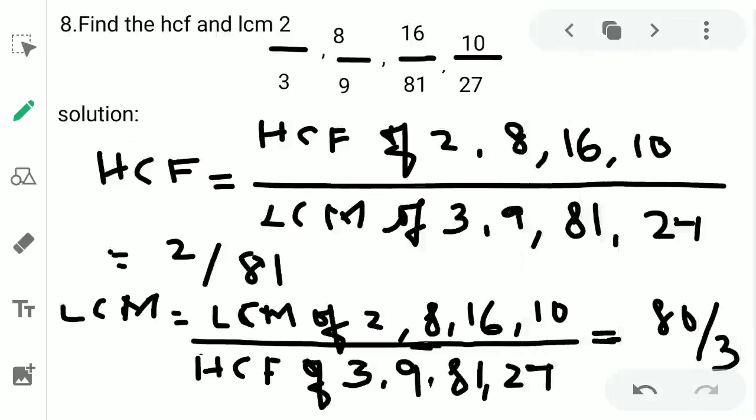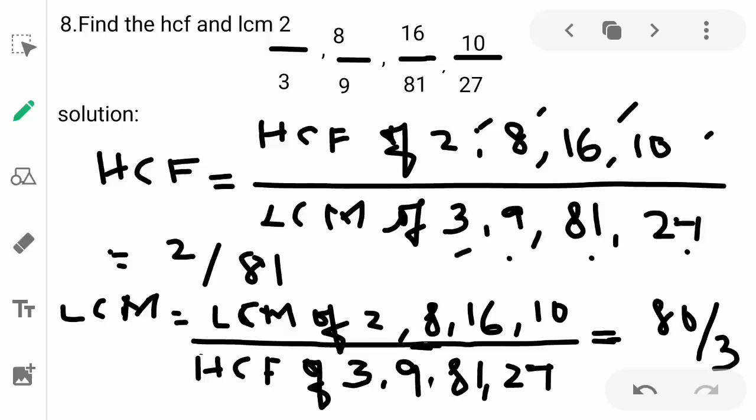Moving to 8th question. Find the HCF and LCM of 2 by 3, 8 by 9, 16 by 81, 10 by 27. HCF equal to, actually this is a fraction, HCF and LCM of fractions. You have to keep these kinds of formulas in mind. HCF is the HCF of numerators 2, 8, 16, 10 over the LCM of denominators 3, 9, 81, 27.